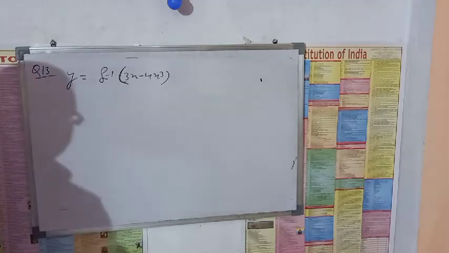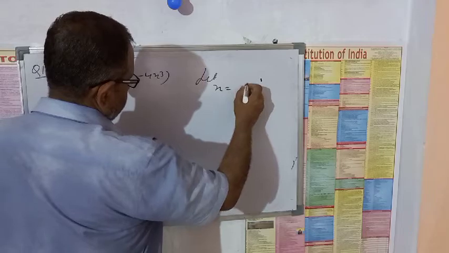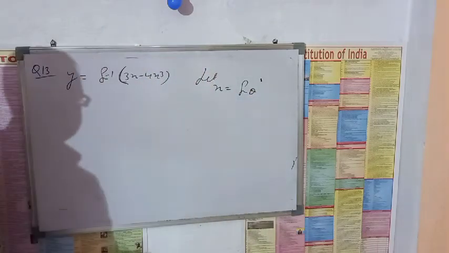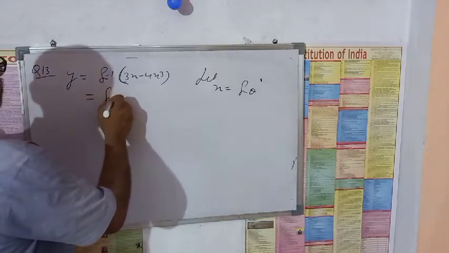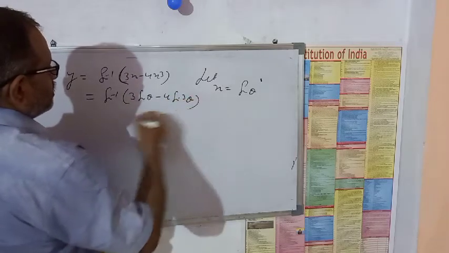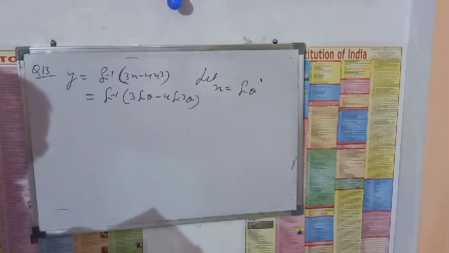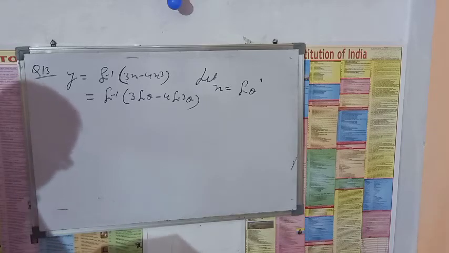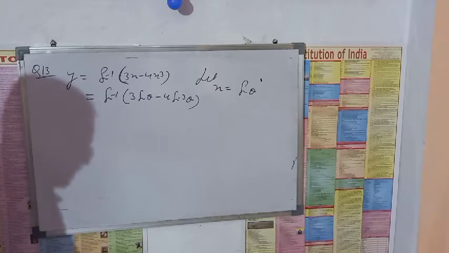Okay. So what is proper substitution? Let x is equal to sine theta. So it will be sine inverse 3 sine theta minus 4 sine cube theta. And it is the formula of sine 3 theta.